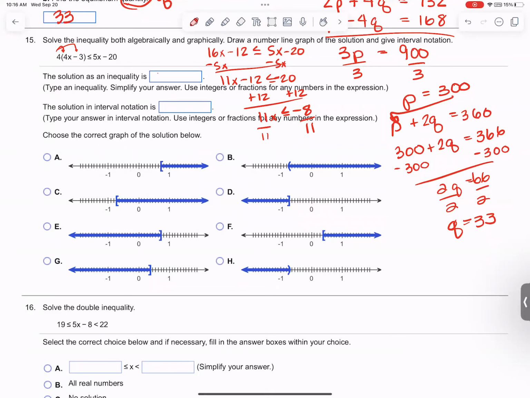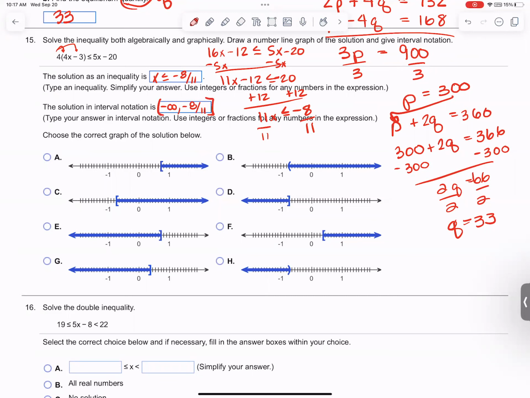So you're gonna type in x is less than or equal to -8/11. And you will have in your toolbar the less than or equal to symbol available. So in interval notation, what is that? That's everything to the left of -8/11. But we're gonna use a bracket because we have equals.